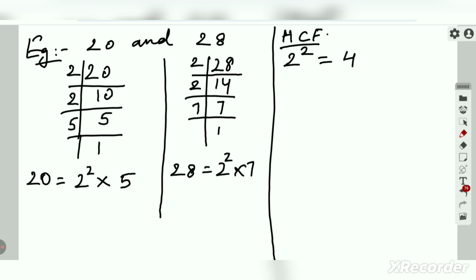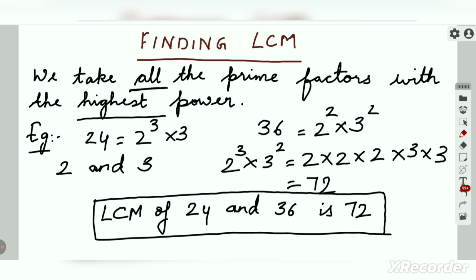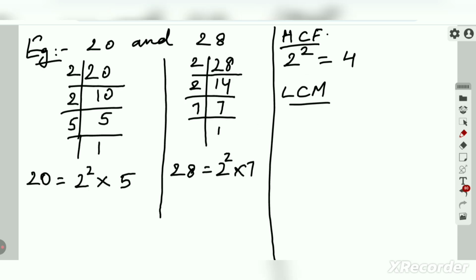Now coming to finding out the LCM. How are you supposed to find it? Take all the prime factors with the highest power. What are the prime factors here? 2, 5 and 7. All the prime factors needn't be common. All the prime factors of these two numbers are 2, 5 and 7. After finding out the prime factors, you have to see the highest power. Which is the highest power of 2 here?